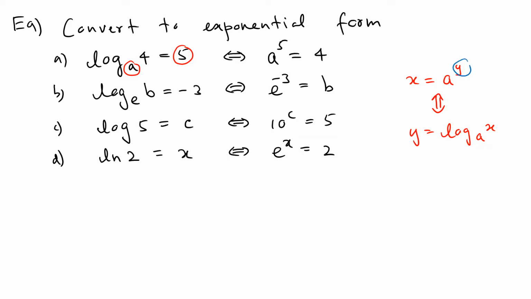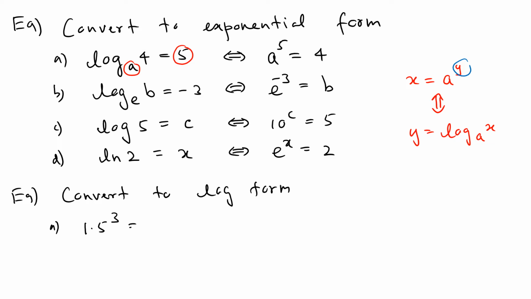Okay, so now let's do the other way. Let's try to convert to the log form. The first one, let's say you have a number like 1.5 to some power like 3 equal m.